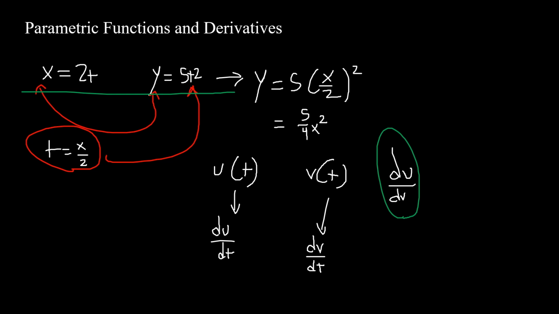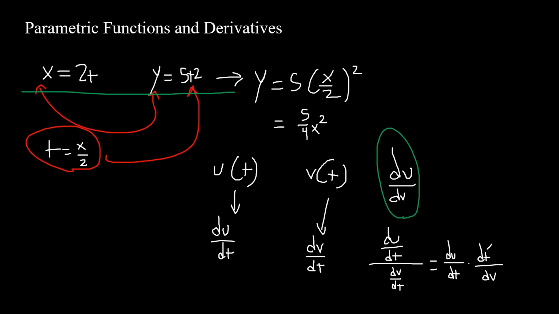You can probably see that if we divide du over dt by dv over dt, remember, dividing by a fraction is the same as multiplying by its reciprocal. So we get du over dt multiplied by dt over dv.